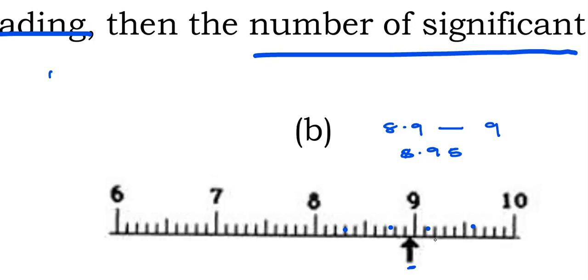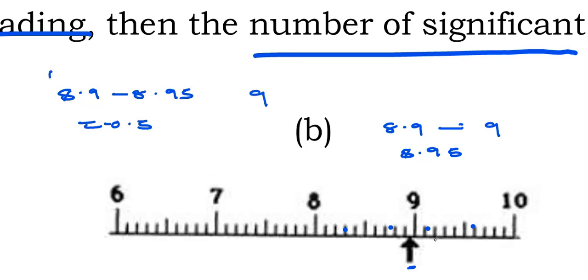Now that you know where the arrow is, what you are going to do next is subtract these two numbers. We subtract 8.95 from 9, because it's supposed to be at 9. You are going to say 8.9 minus 8.95, and here we have negative 0.05. What about 9?